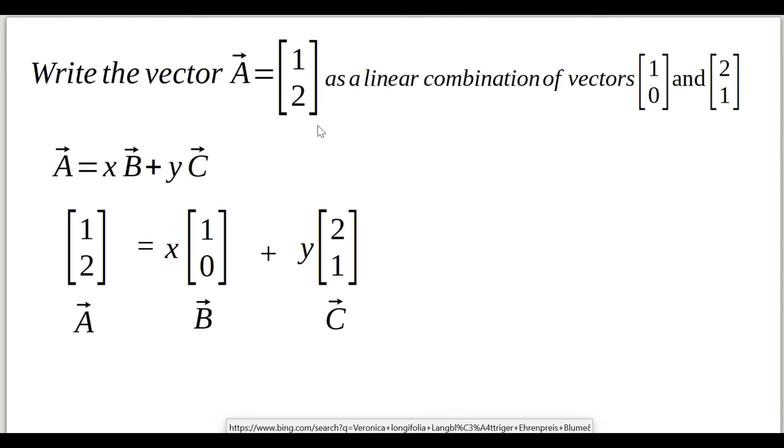Now, a typical question you could have in an exam or in an exercise is: write the vector A, which is equal to this, as a linear combination of these vectors.